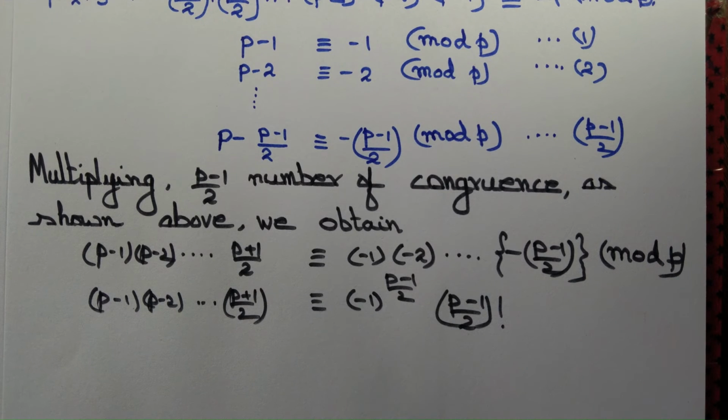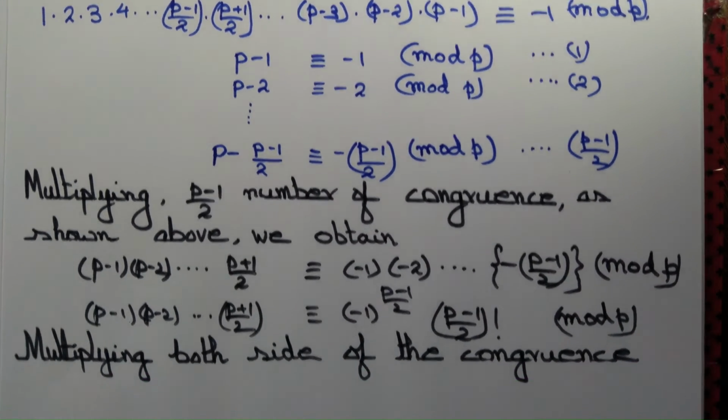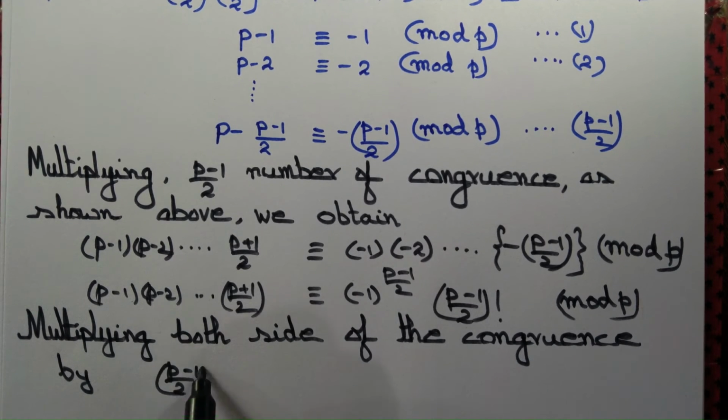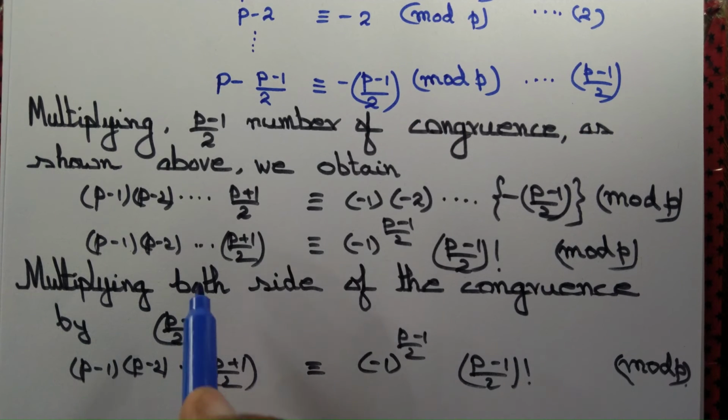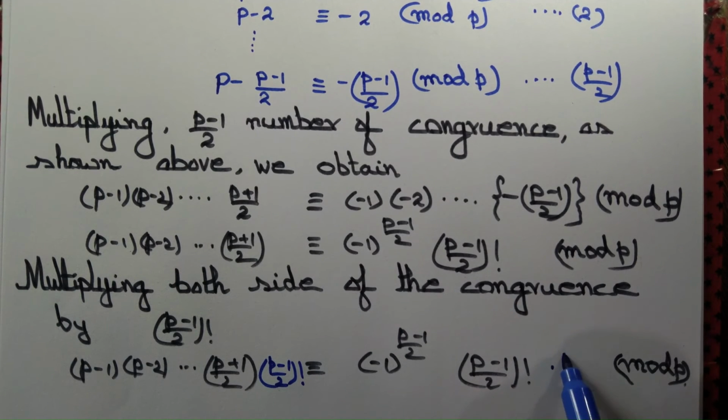So multiplying both sides of the congruence, of course mod p, by factorial p minus 1 by 2. So we multiply the left hand side by factorial p minus 1 by 2, and when we do so, we should multiply the right hand side by factorial p minus 1 by 2.